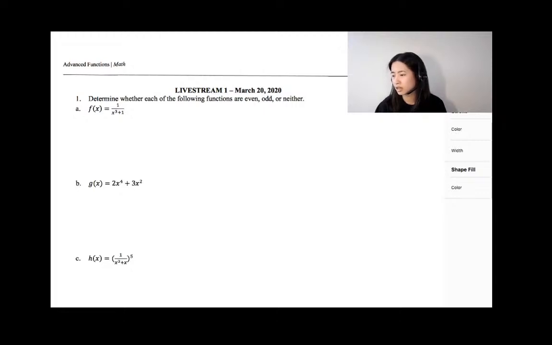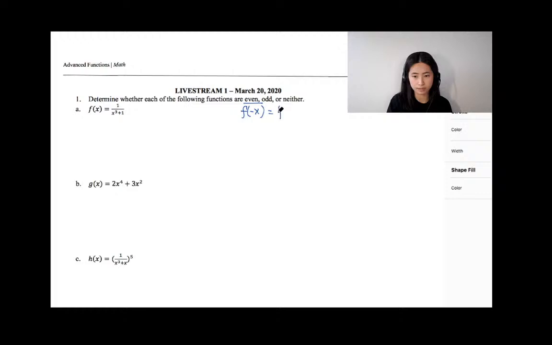Okay, so let's begin. So the first question we need to figure out is whether the function is even, odd, or neither. So just as a recap, how do you know if a function is even versus odd? If a function is even, that means algebraically, you're going to have to plug in f of negative x. If it's even, if you plug in f of negative x, you need to have f of x.